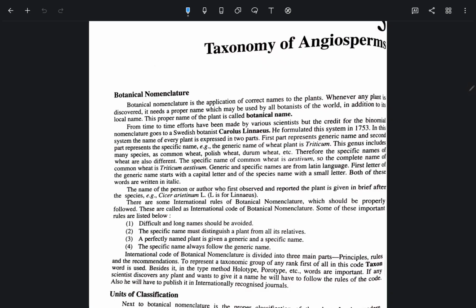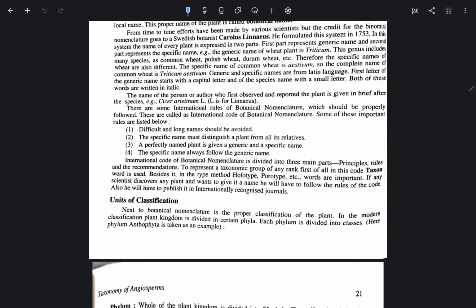Besides it, in the type method, the words holotype and isotype are important. If any scientist discovers any plant and wants to give it a name, he will have to follow the rules of the code. Also, he will have to publish it in internationally recognized journals.